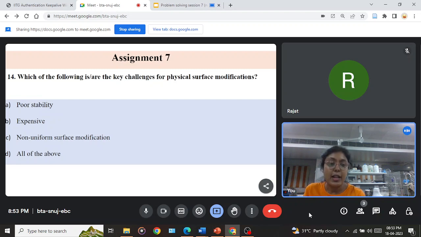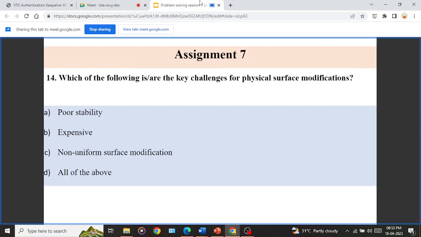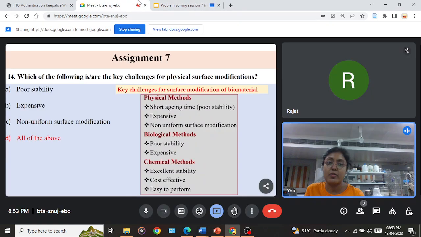So the correct answer for this question would be option D, all of the above. When we look into the challenges faced for physical methods of surface modification, short aging time, that is poor stability, is seen, it is expensive, as well as non-uniform surface modification is seen. So the correct answer would be option D, all of the above.